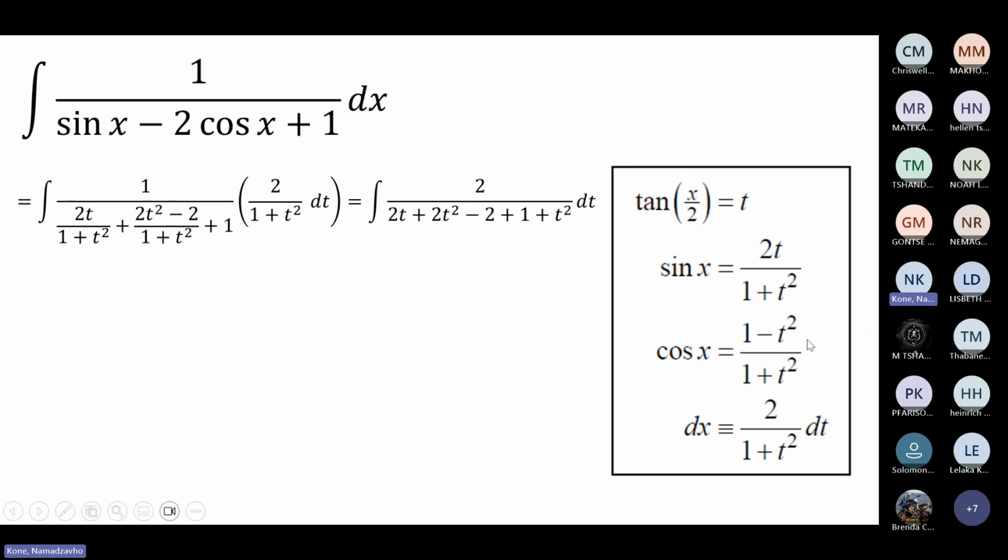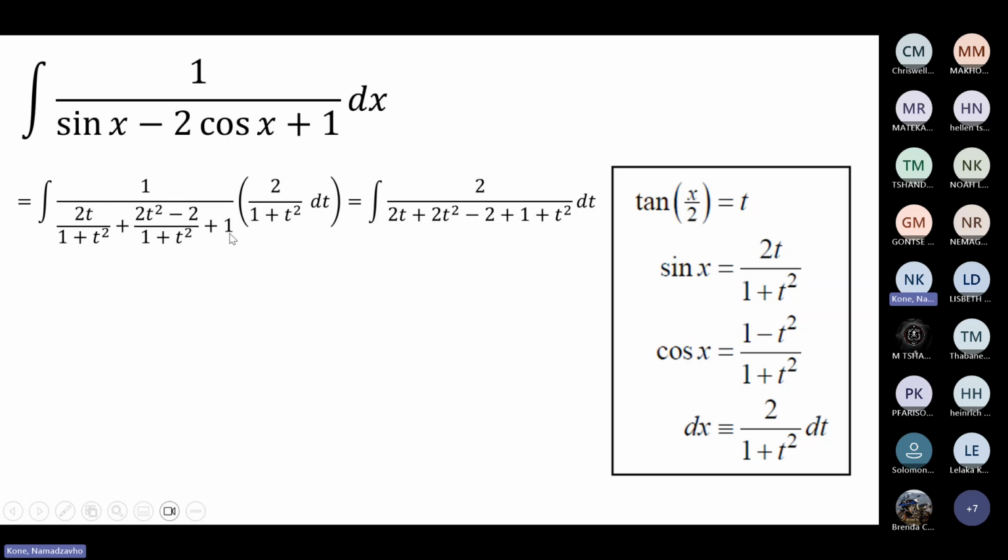When minus 2 multiplies minus t squared, it becomes plus 2t squared, which becomes this one. That is why here the sign has changed into a plus, because this negative has been multiplied into the cos of 2x for these signs to change. Because here, if you can check, it's 1 minus t squared. Now here it becomes 2t squared minus 2, which means that minus sign has been applied onto that one. That's why we get that.